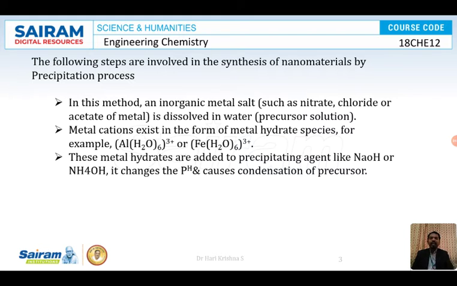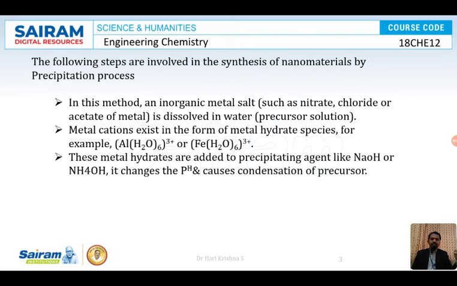These metal hydrates are precipitated using the base as a precipitating agent.